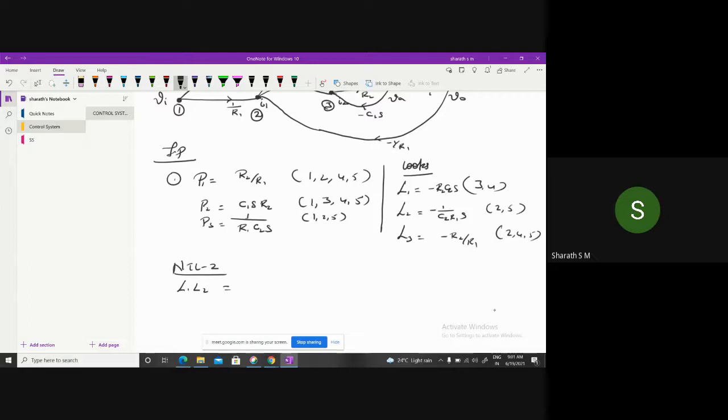L1, L2. R2 by R1, C1 by C2. So afterwards, apply Mason's gain formula, write down delta, delta 1, delta 2, delta 3. So that will be the final transfer function.